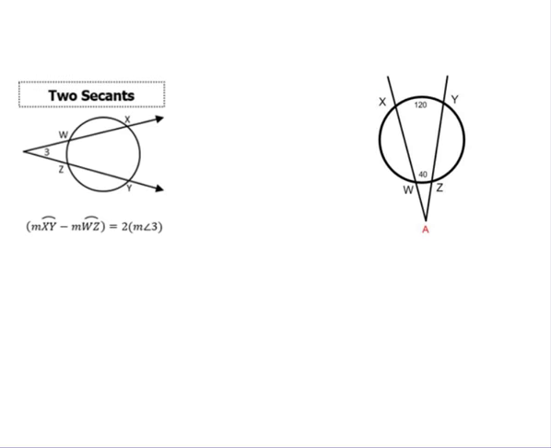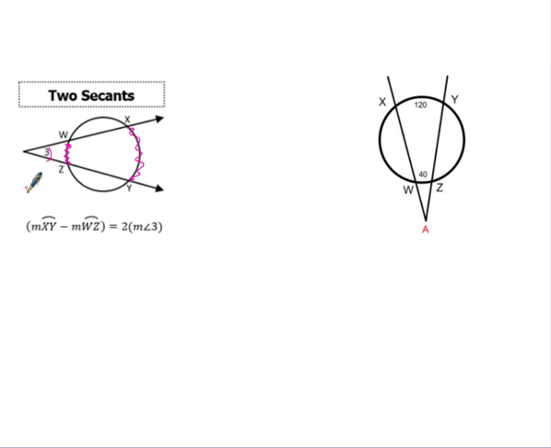Alright, and the last little scenario is, what if we have two secant lines? We looked at a tangent and a secant, two tangents, and now two secants. Remember, a secant line crosses the circle at 2 points. Notice the arcs that are intercepted here and here. So we would say xy minus wz is equal to 2 times the angle.